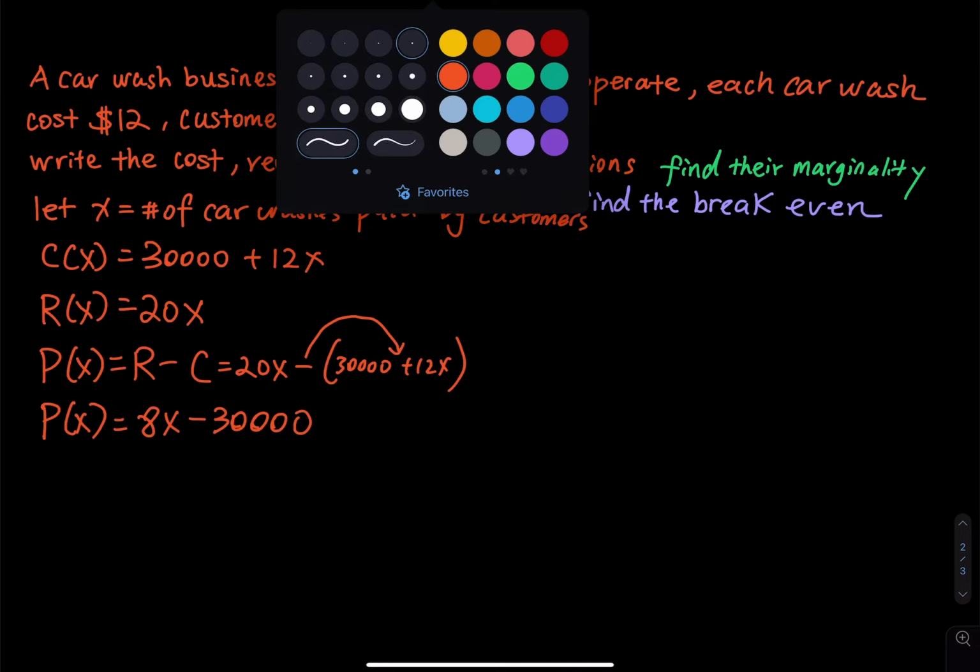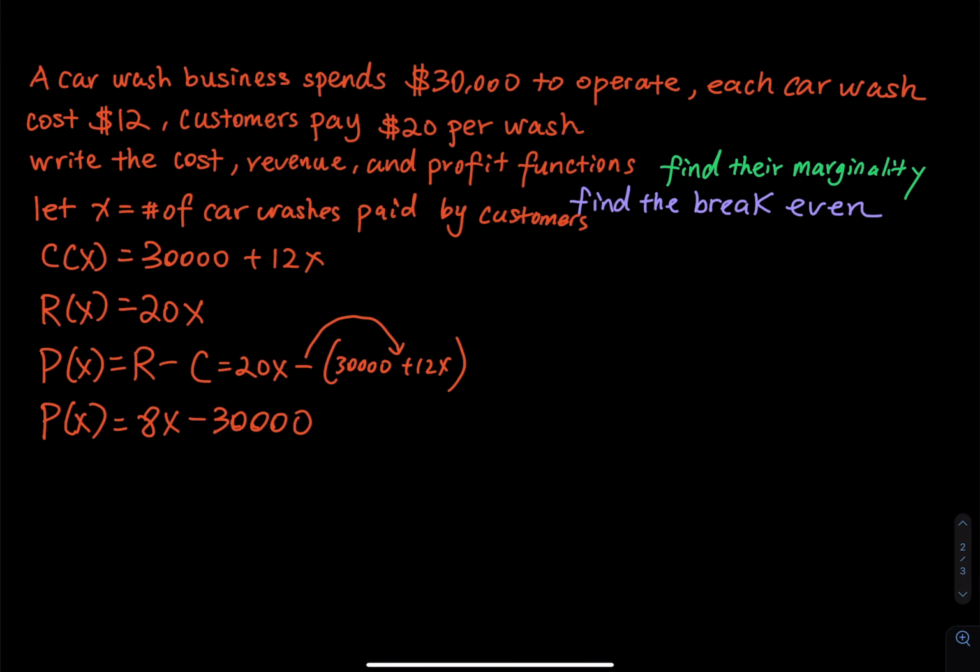And then how about the marginal cost, marginal revenue, and marginal profit? So let's get into that. What is marginal? Every time you hear the word marginality or marginal, that means rate of change. Rate of change means you need to take the first derivative of each function. So C prime of x, this is marginal cost, equals 0 plus 12.